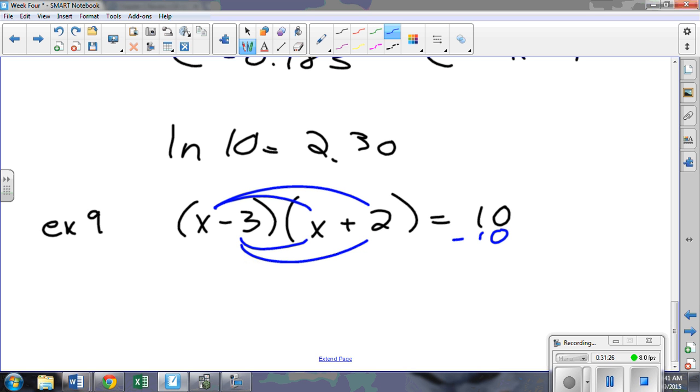Basically, I wanted this problem to be a little bit of a warning. Just because something is factored and looks nice, that does not mean the zero product rule works. It must be a product that equals 0. Don't forget that other part.